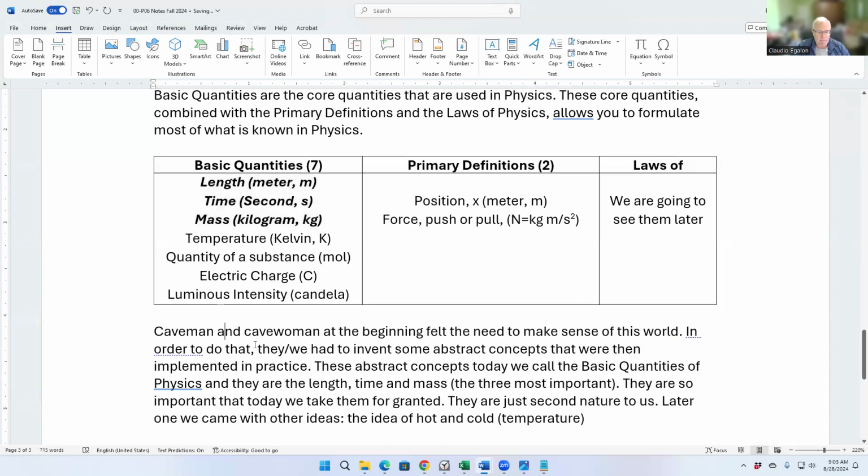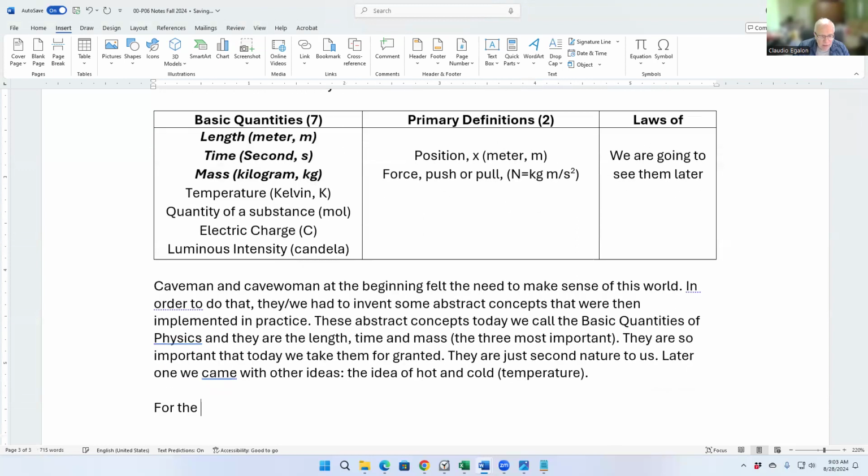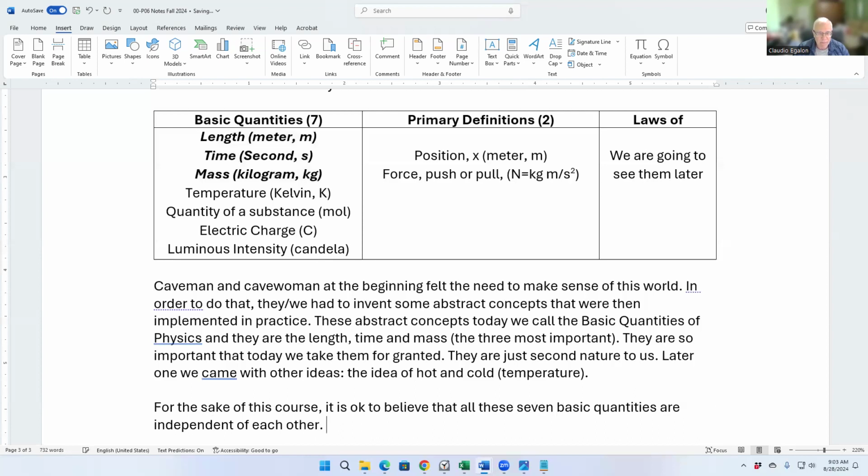For the sake of this course, it is okay to believe that all these 7 basic quantities are independent of each other, okay?